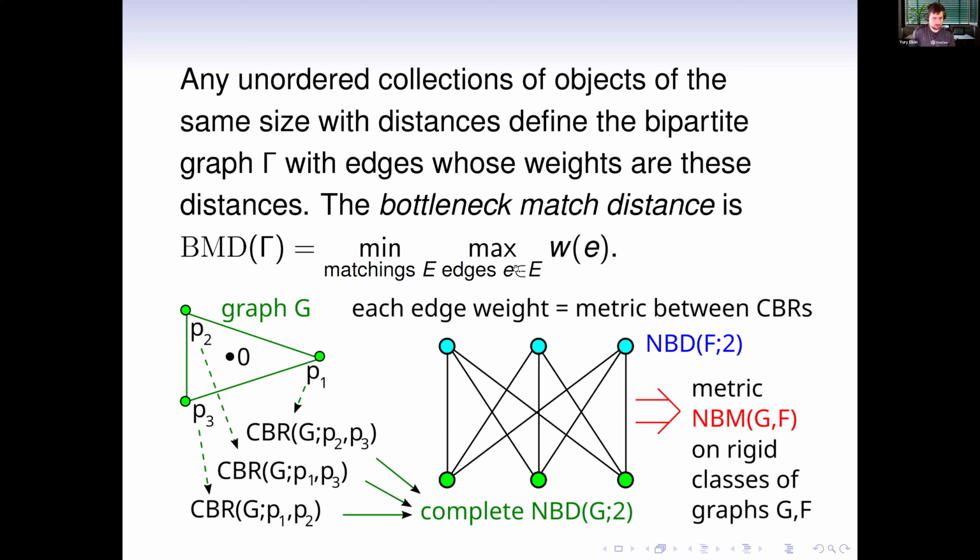Then I think the bottleneck distance idea is actually here. When we have either a graph or, for example, just a point cloud, in this case 3 points here, 3 points here, we have this kind of complete graph: here's point cloud A, point cloud B, and every point from cloud A is connected to cloud B. We can take the Euclidean distance or any other distance, and then we simply run this algorithm that minimizes the maximal distance.